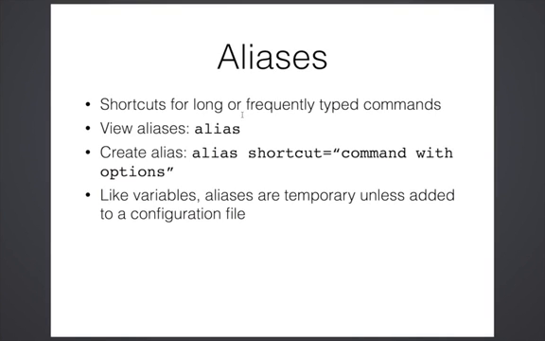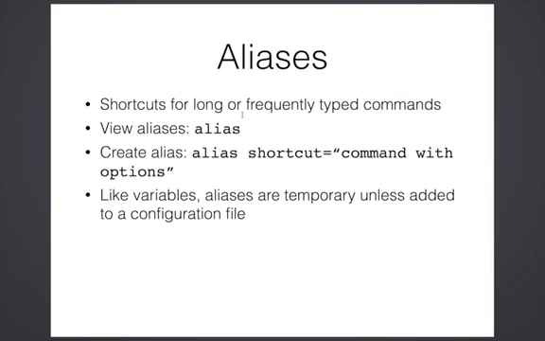For variables, we use the $ sign, and you can expand those variables in the arguments of commands and things like that. An alias is a shortcut to another command, and usually they're used for the command and a bunch of standard options that you like to use, so that you don't have to keep typing these frequently used commands and all their options over and over again.